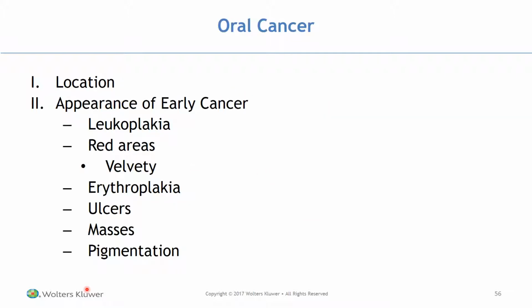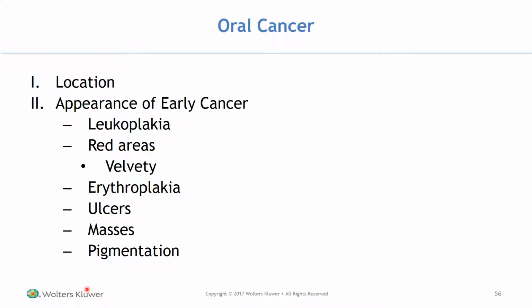All right, let's talk a little bit about oral cancer now. The oral cavity, pharynx, larynx, paranasal sinuses, nasal cavity, and salivary glands are all regions of the head and neck where cancer can present. Cancer of the head and neck begins as squamous cells that line moist mucosal surfaces of the mouth, nose, and throat.